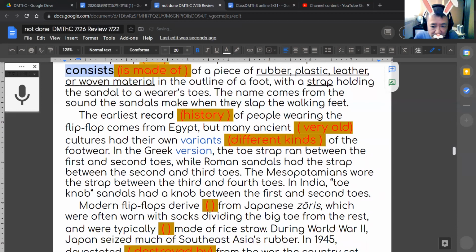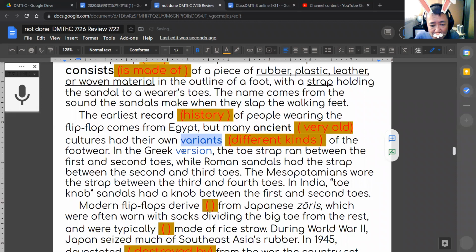So the earliest record, that history of people wearing the flip-flop comes from Egypt, but many ancient, very old, like Chinese culture is very old, Egypt, Greek, Romans, right? Yes, many ancient, very old cultures had their own variants. Okay, what's a variant? A variant is a different kind.